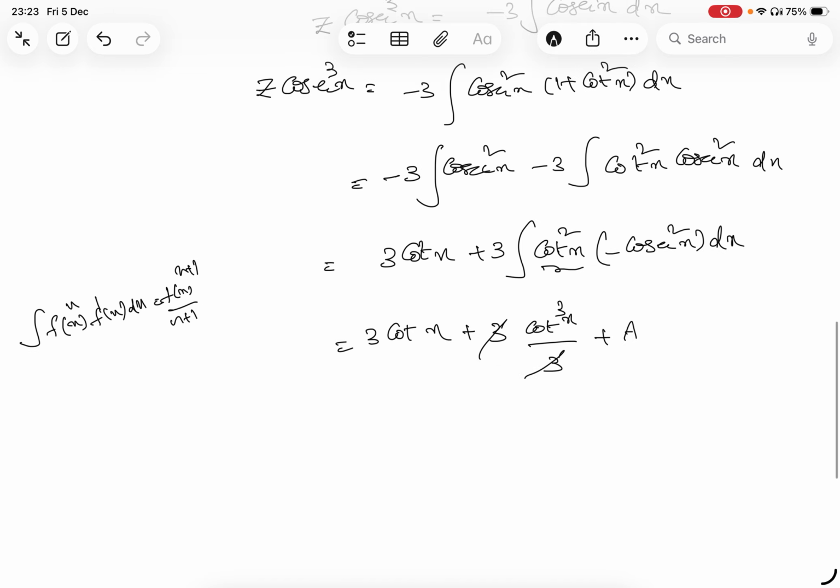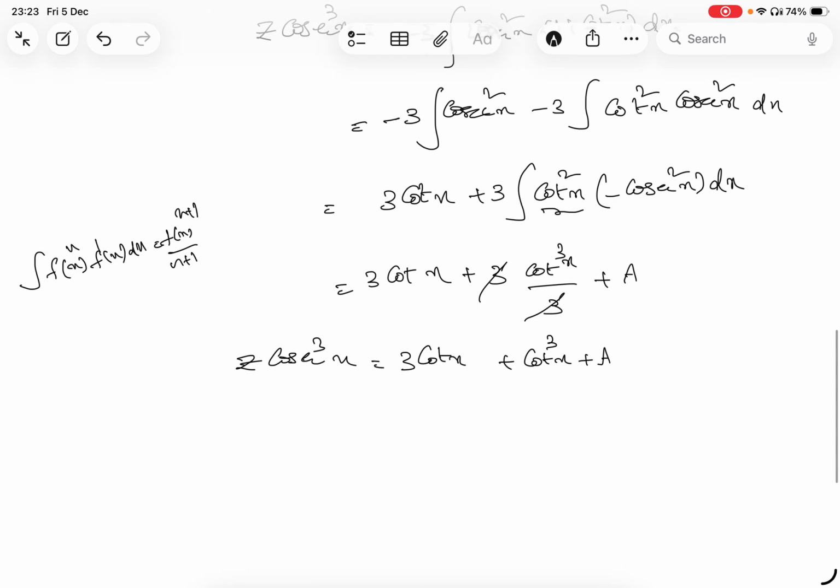These 3 will get cancelled and we are left with z cosecant cube x equal to 3 cot x plus cot cube x plus a. Fine. Now let's bring this cosecant cube x to the right hand side, that is multiplying with sine cube x. Then this becomes 3 cot x into sine cube x plus cot cube x into sine cube x plus a sine cube x.